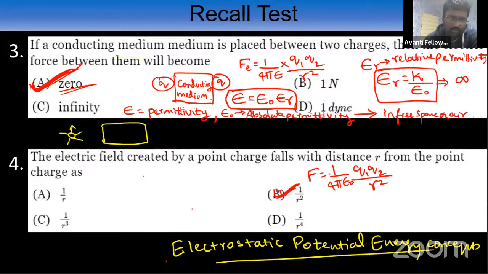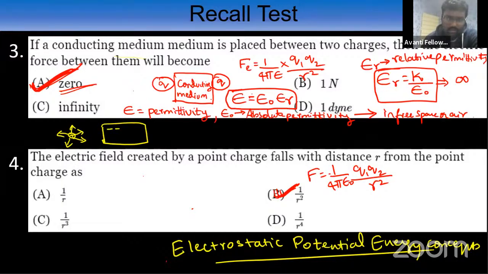Say if we bring a positive charge near the conductor, what happens? Come on, guys, tell me what happens when we bring a positive charge near a conductor.